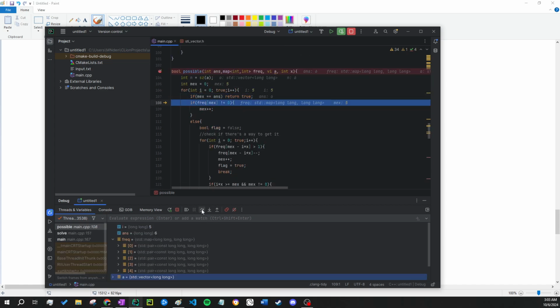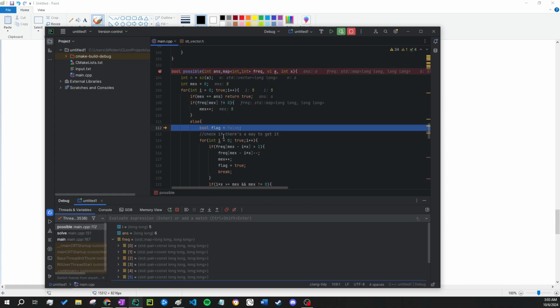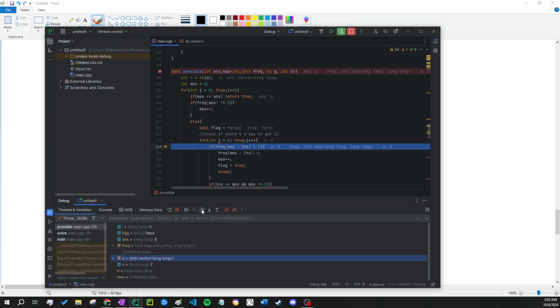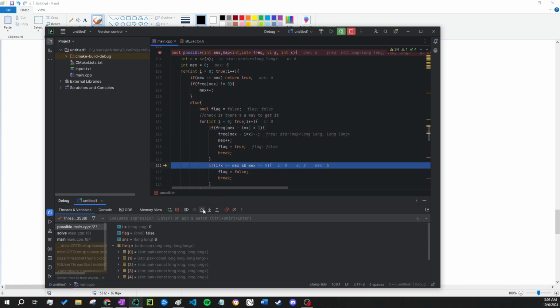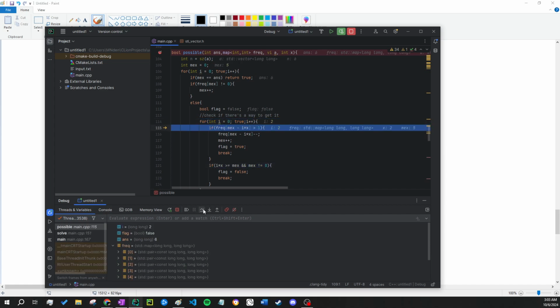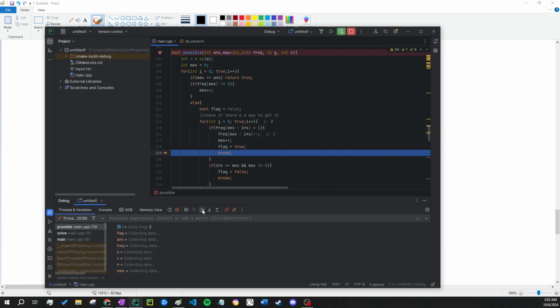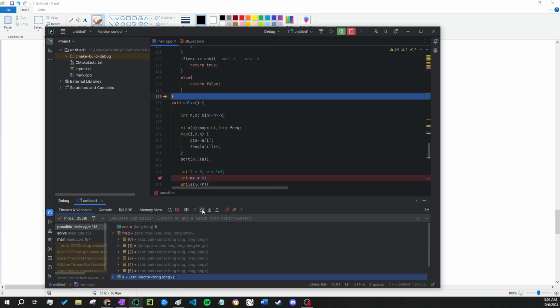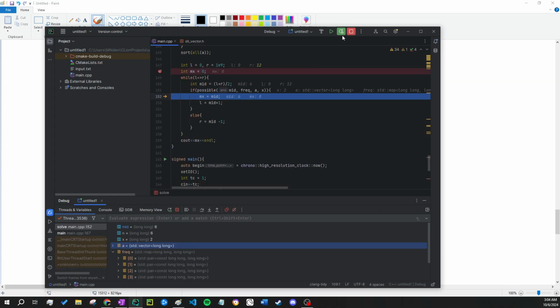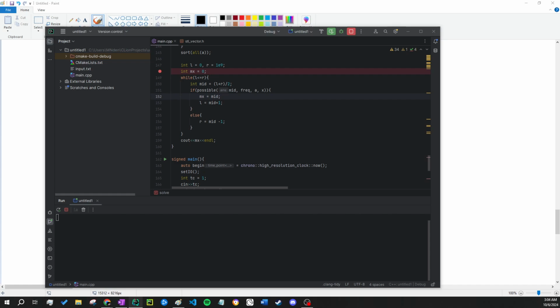This is true again. So 5 is not there. Remember, you can kind of derive 5 by... and 2. Okay, looks like that case works, I guess. I don't know. Let's see.